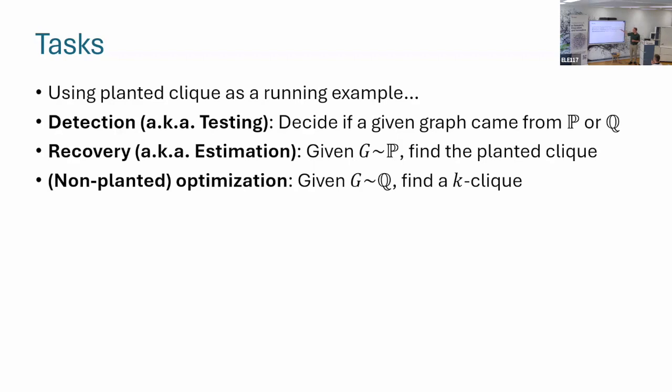Recovery and optimization look similar, but there's a key difference, which is that in recovery, there's one planted clique and you were trying to find that one. In optimization, there are many reasonably large cliques that occur by accident, and you want to just find any one of them.